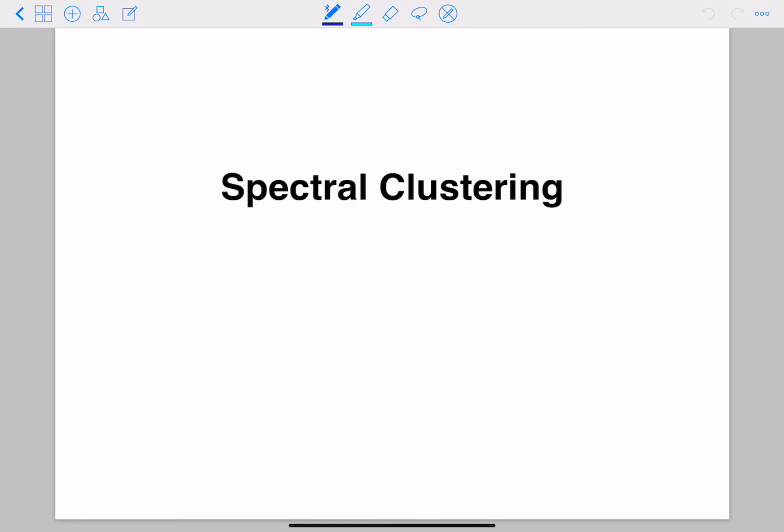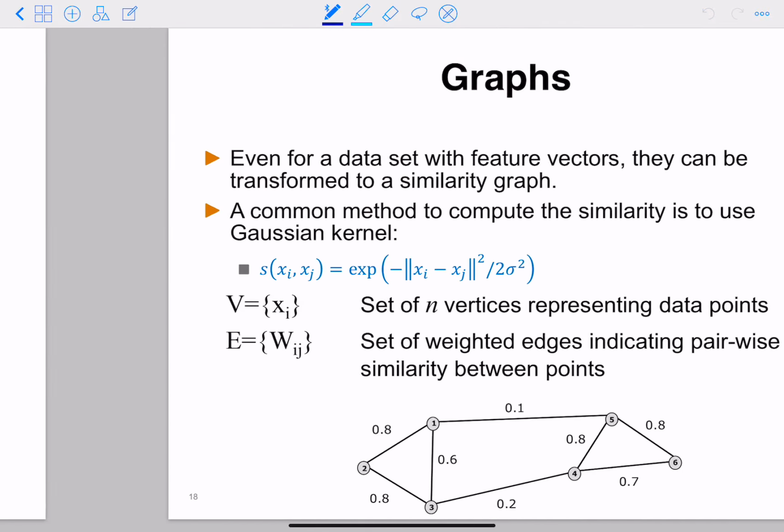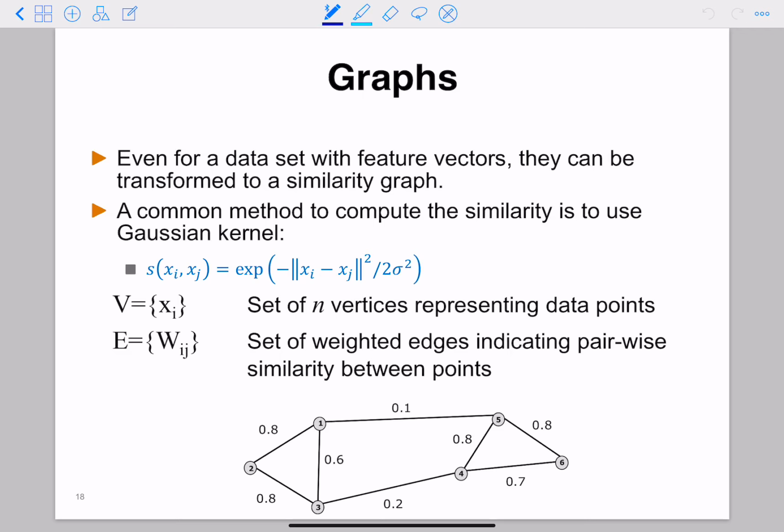Okay. And then the next thing is spectral clustering, and this is another clustering algorithm when given graph data. There are many different applications of using this graph data. If we are given the feature vector representation, we already discussed how to change it into graph form.